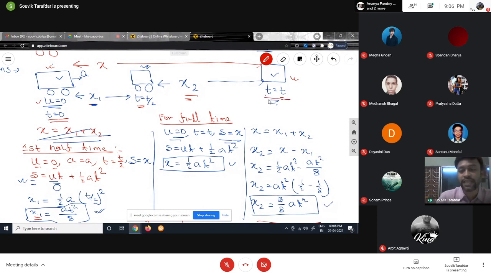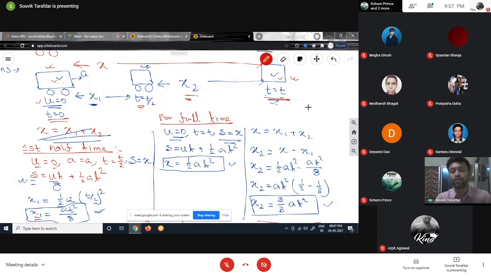At the end, t is equal to t, isn't it? So when it started from here, the time was 0, and when it ended over here, the time was t. So how much time did it take to move from here to here, students? Just as an example in numeric value, suppose here the time was 0, here the time was 10 seconds.